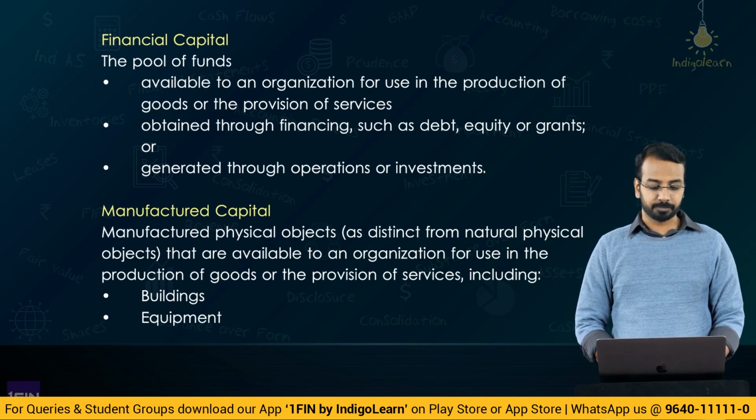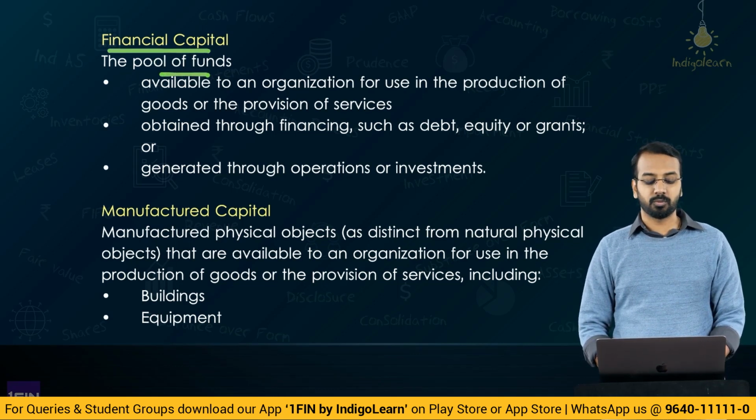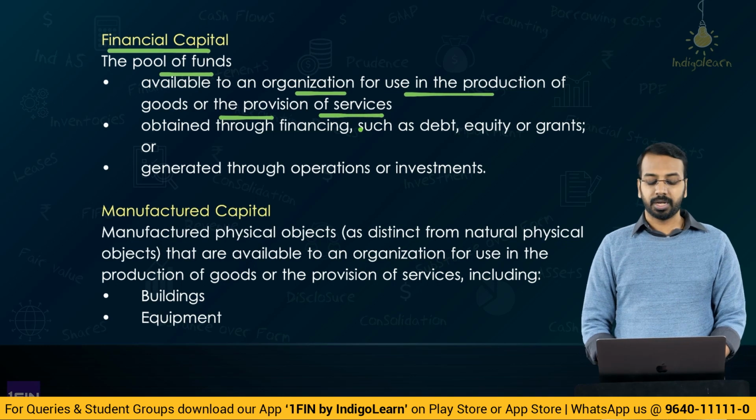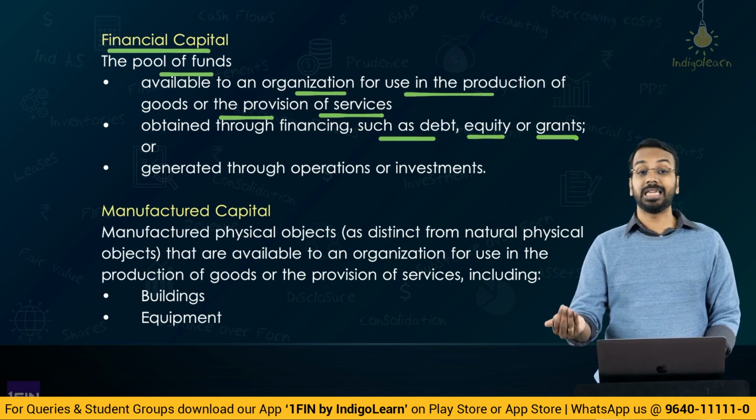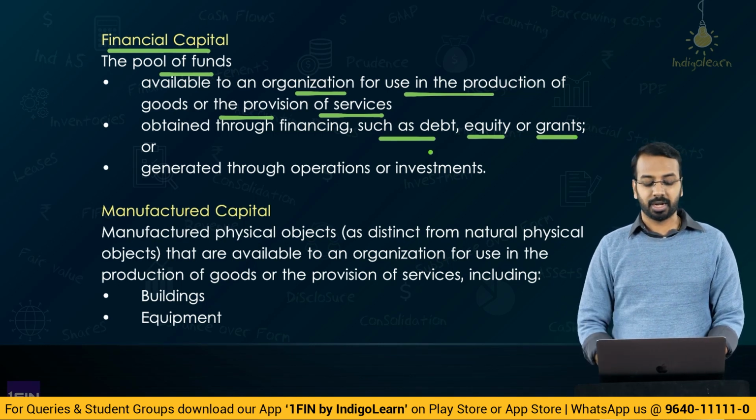So coming to the first one, that is the financial capital. Financial means money. So financial capital means the pool of funds available to an organization for use in the production of goods or provision of services obtained through financing such as debt, equity or grants. It can be debt, loan, equity, owner's money, grant, government giving some grant or some other company giving some grant, or generated through operations or investment.